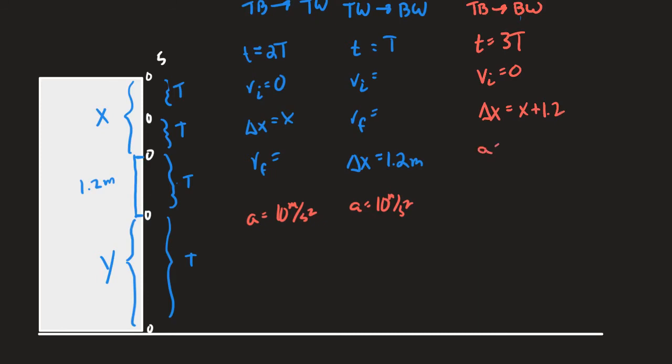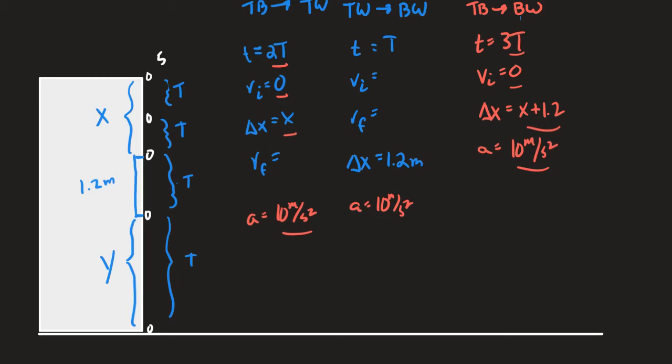And a is 10 meters per second squared. I can construct a motion equation with these 4 things. It would have 2 unknowns. And I can construct a motion equation with these 4 things. It would have 2 unknowns. I think that's how we could solve the problem. It would create 2 equations and 2 unknowns.